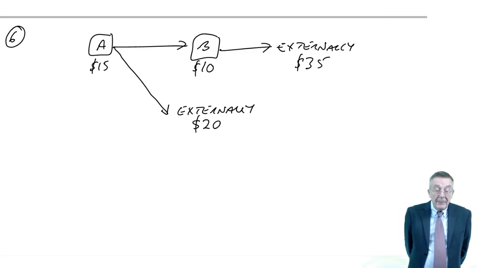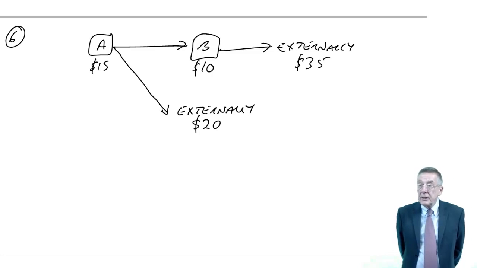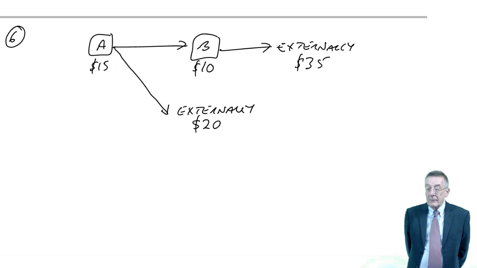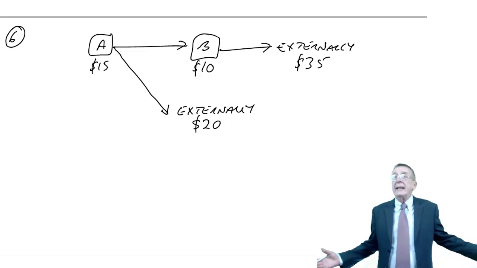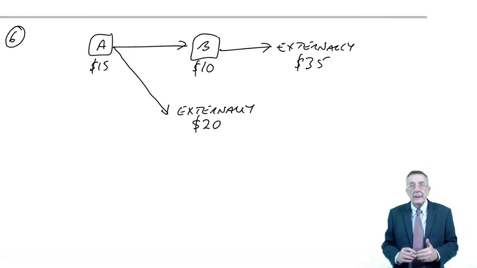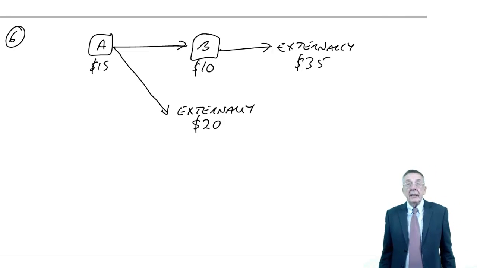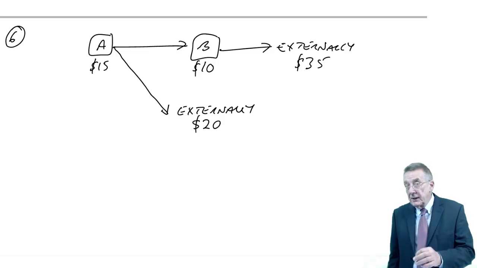There is unlimited external demand from A, and A has limited production capacity. So maybe A can only make a total of 10,000 units. There's a limit on how many they can make. There's unlimited demand externally, so they could sell everything they produced externally.